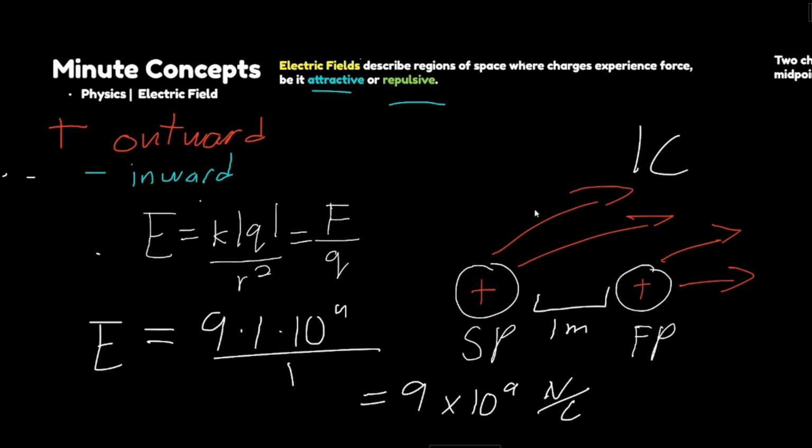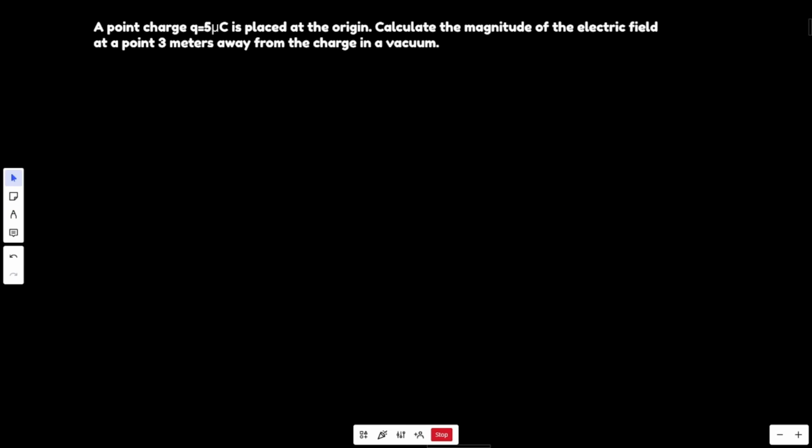So for our first example, we have a point charge with a charge of 5 microcoulombs placed at the origin. Calculate the magnitude of the electric field at a point 3 meters away from the charge in a vacuum. Alright, so now we're only dealing with one charge. So basically, let's put our charge here, just smack dab in the middle, just for it to be easier on us.